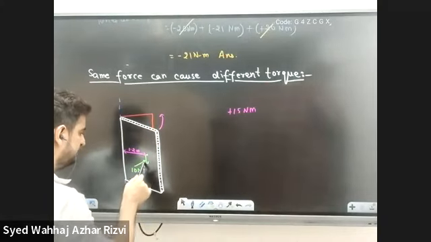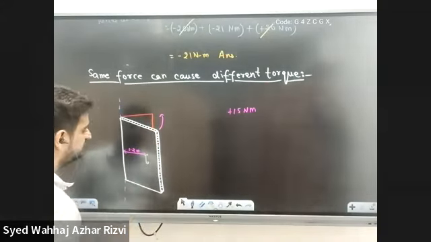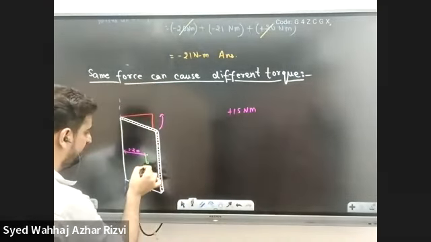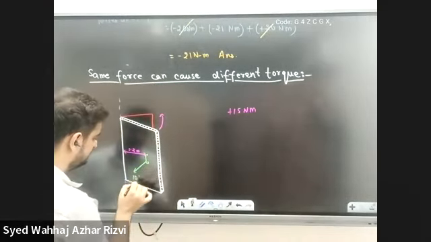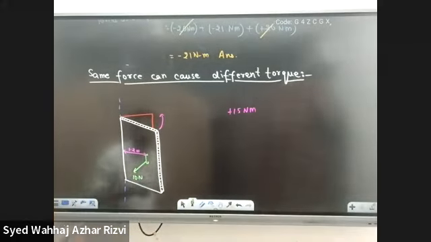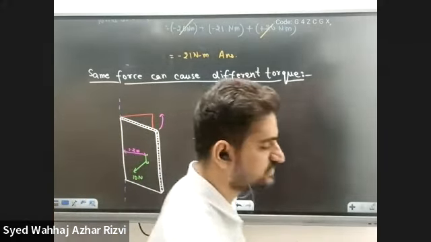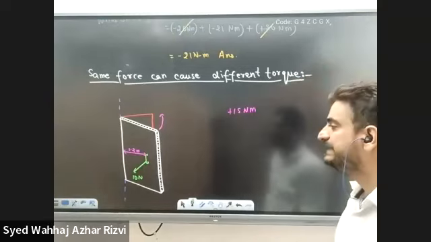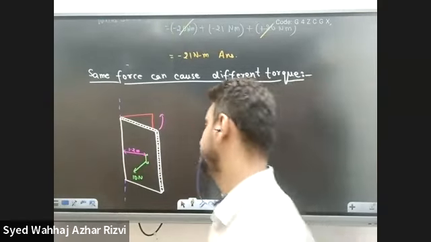Also, tell me what would happen if rather than pushing the door, we are pulling the door with 10 Newton force. What would be the torque now? Negative 12 Newton meter. Yes, it would be negative 12 Newton meter.